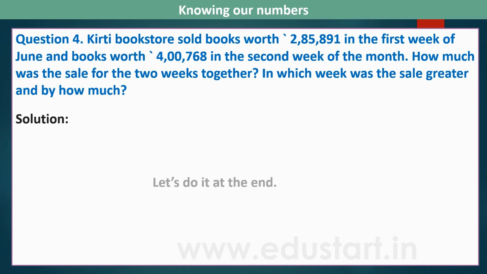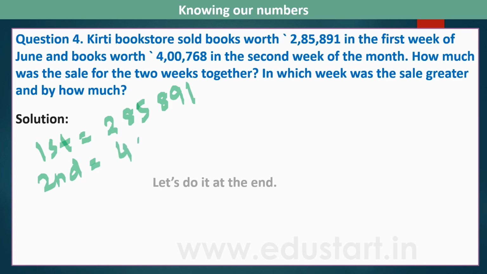So the first thing, in the first week, what is the total? 2,85,891. In the second week, how much? 4,768. Now the first question asks what is the total sale.